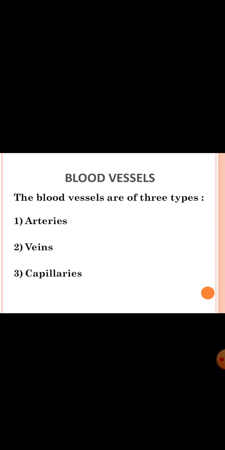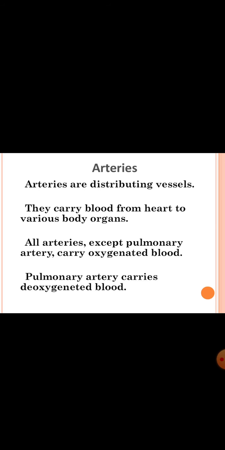Next thing, the types of blood vessels. Means in our human body, the blood vessels are of three types: arteries, veins, and capillaries. And today we are going first to understand how arteries work in our human body. Let's see. Arteries are distributing vessels, means they distribute the fluid present in them.